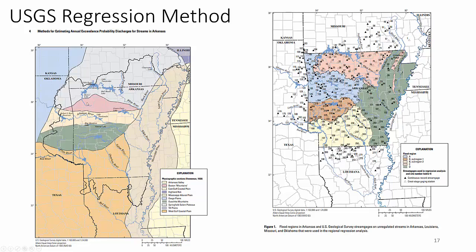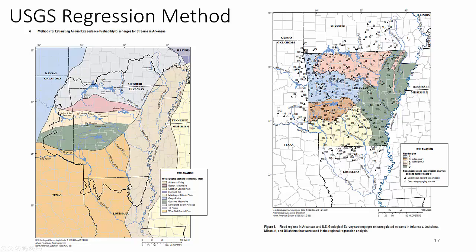And these regions are important because they determine how you cluster and analyze sites based upon similarities. So look at the representation we have where we have continuous recording sites, the black triangles, and the open triangles where we have crest stage gauging sites. So they can at least measure the point at which, and these are usually static sites where you have to go out and read them after the storm.